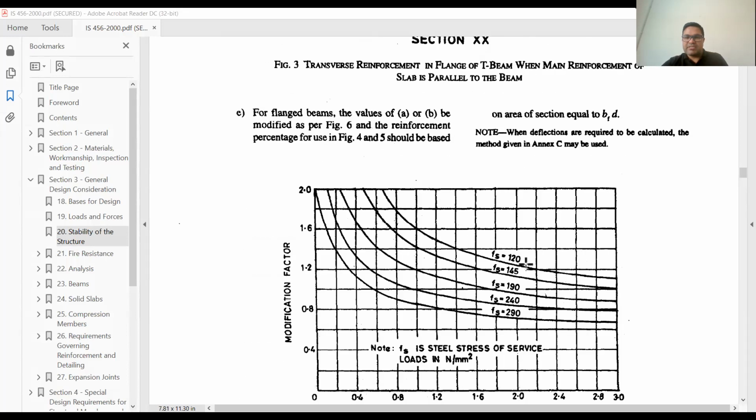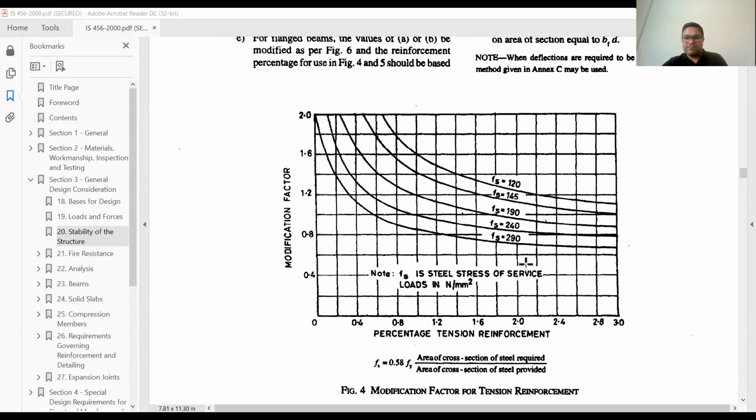That factor is calculated by this graph, and in this graph you can see this is the percentage of tension reinforcement. Once we have the amount of steel, we can find out the Fs value also, and this Fs value is shown here in the form of curves.